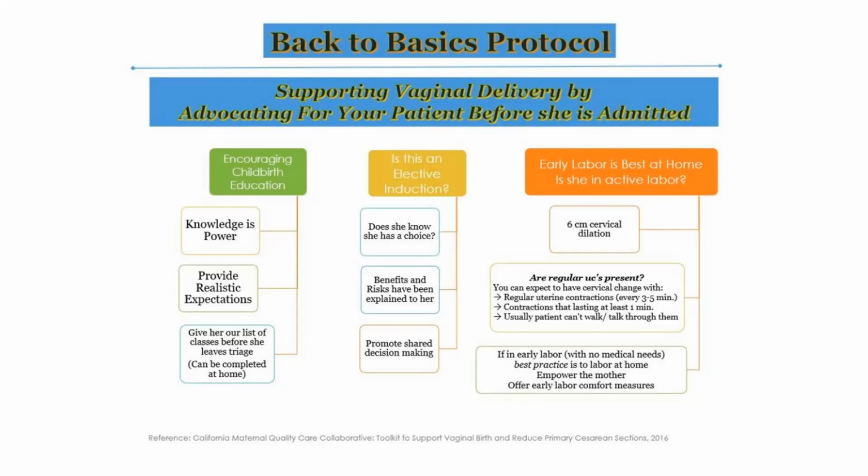It's okay to do that early labor outside of a medical facility. In fact, it's preferable. Remember, we're talking about the low-risk mom. If they are low risk and they have no other reason that they need to be in the hospital, then early labor is best done at home. And early labor can last 12 to 24 hours for some women, especially in a first-time mom.